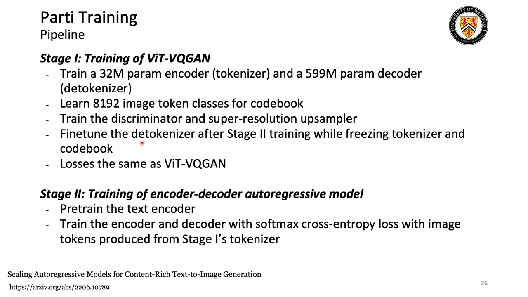Once the encoder-decoder framework has been pre-trained, the detokenizer is fine-tuned during the second stage training while keeping the tokenizer and codebook fixed to ensure consistency in the learned representations. The losses during this phase are the same as those used in ViT-VQGAN.